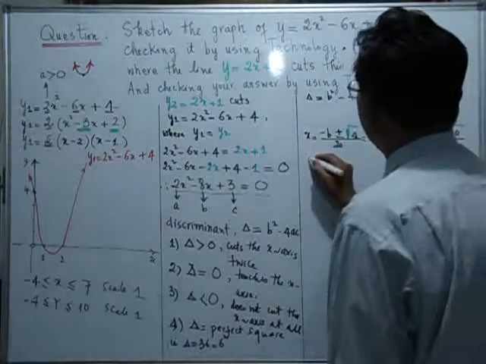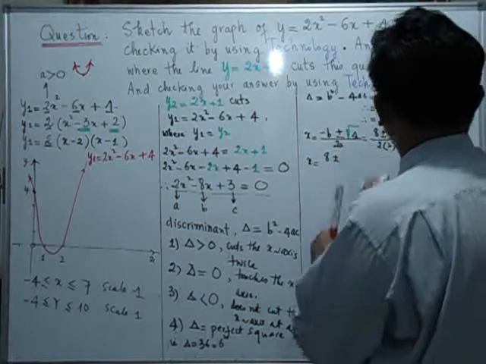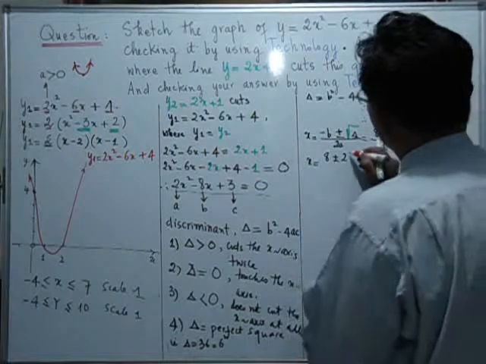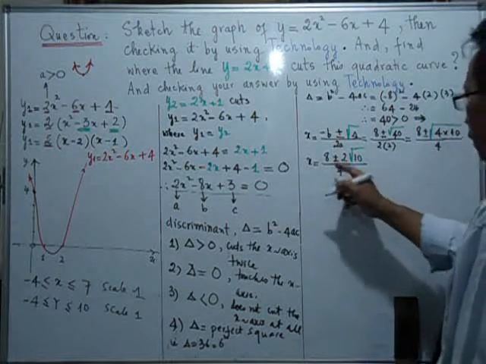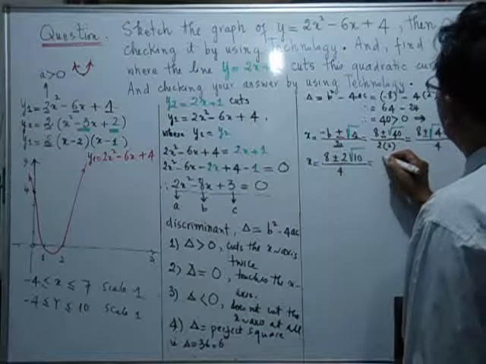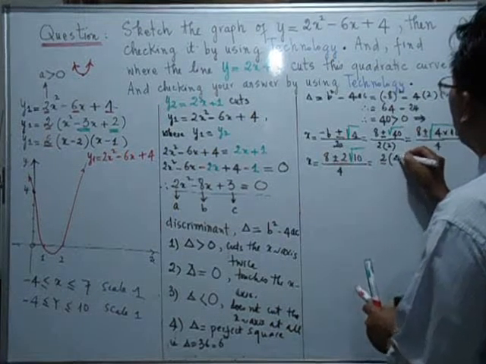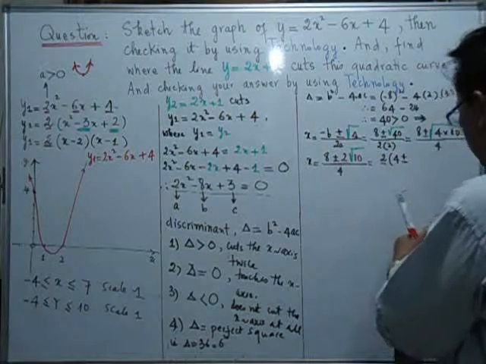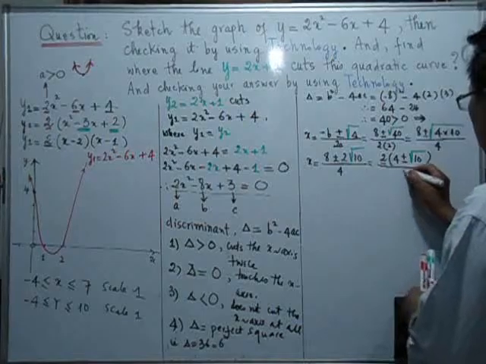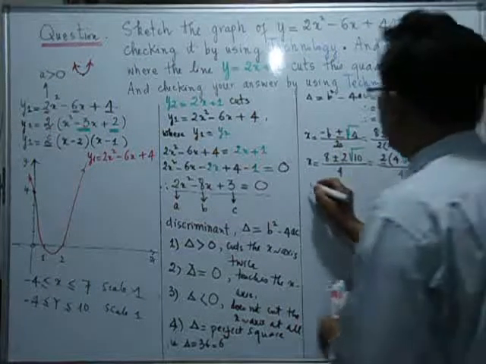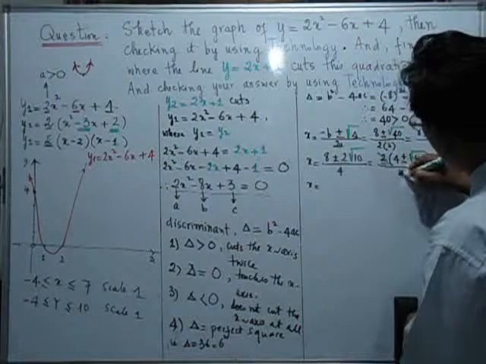Now we take the number 4 out of the square root. So x equals 8 plus or minus 2 square root of 10, over 4. The common coefficient is 2, so we cancel, and that gives us 2.